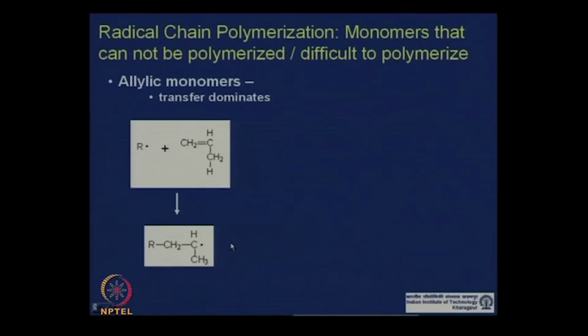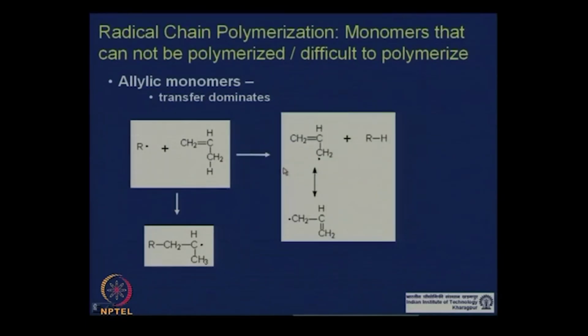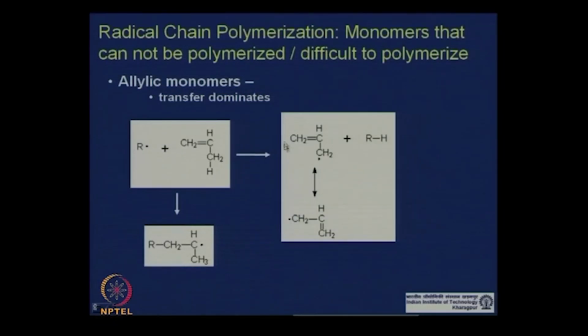But if you compare the other alternative shown here, if this R dot abstracts a hydrogen from a neutral species RH, then you have this radical species generated, which is much more stable than the previous case, because here it is stabilized by resonance.